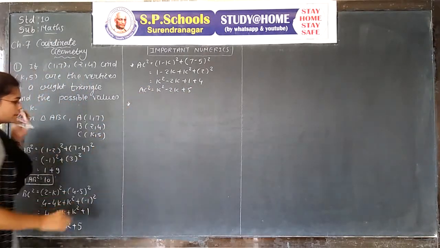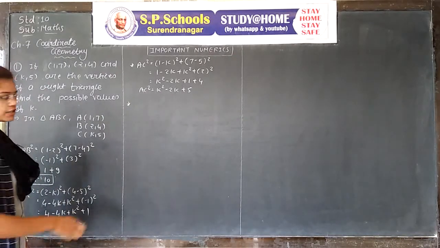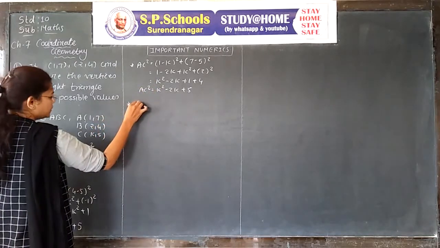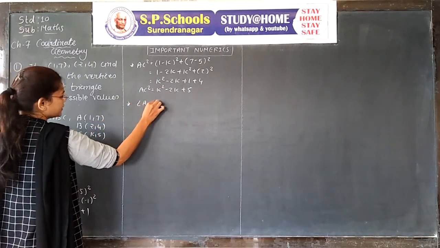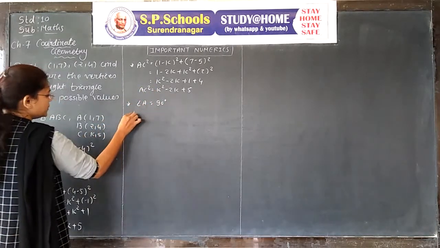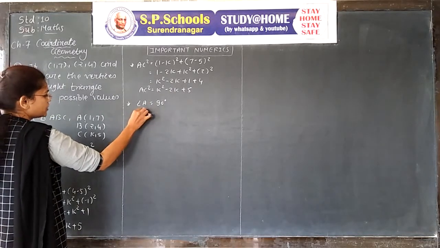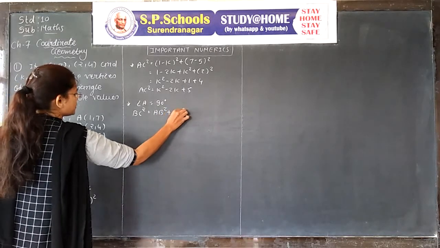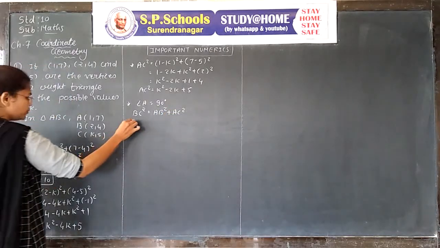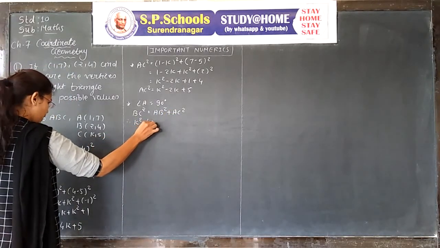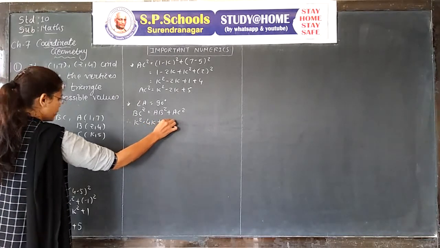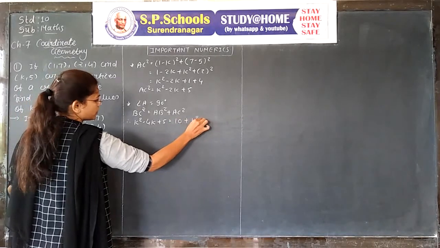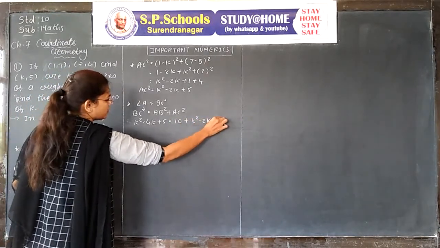Now we take three different possibilities to find the value of K. First, if angle A is equal to 90 degrees, then BC is the hypotenuse. BC square is equal to AB square plus AC square, where BC square is K square minus 4K plus 5, AB square is 10 and AC square is K square minus 2K plus 5.